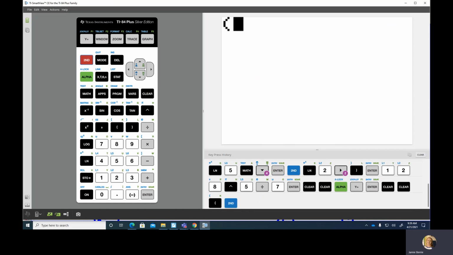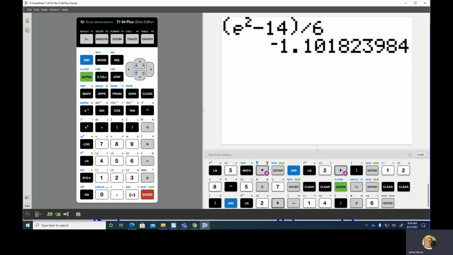So you could do e squared, get out of the exponent, minus 14 divided by 6. It's totally fine to get a negative answer. It's negative 1.102. So I just wanted to show you that just in case they have an option for you to write your answer as a decimal.